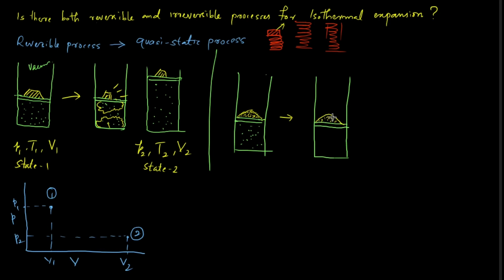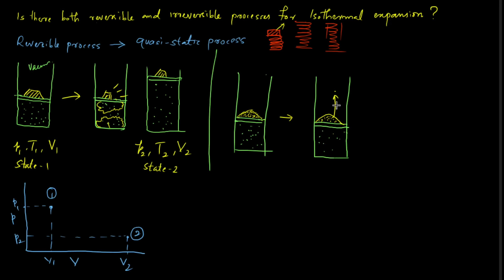Each grain of sand we will remove. If we remove one grain of sand, that causes a small disturbance in the system. So pressure will slightly reduce, but we will wait for the pressure to reach equilibrium everywhere inside the system. That change may also have caused some temperature change, but if we wait enough time, heat transfer will happen from one part of the system to another, and the temperature also will reach equilibrium.